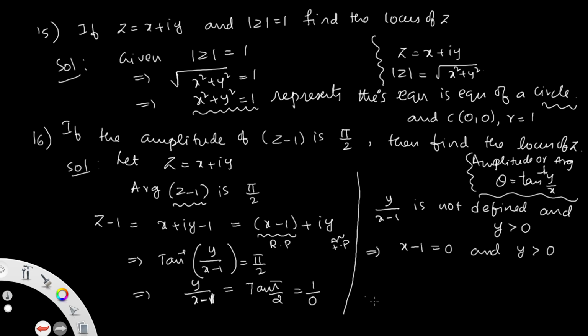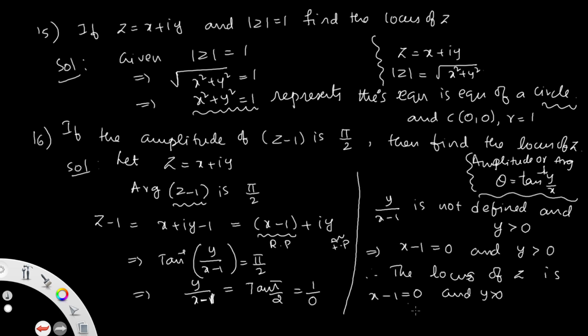Therefore the locus of z is x minus 1 equal to 0 and y greater than 0.